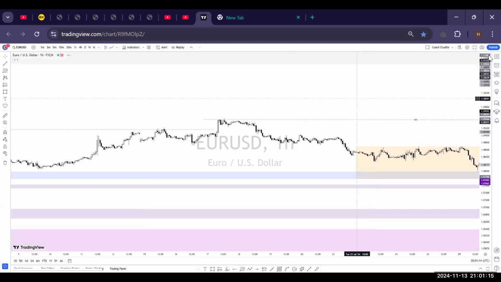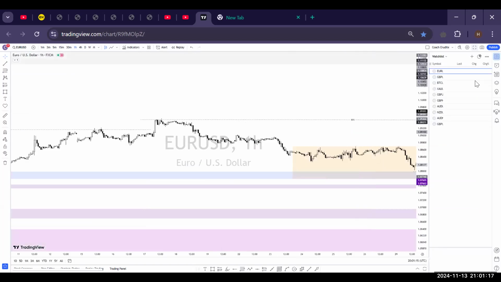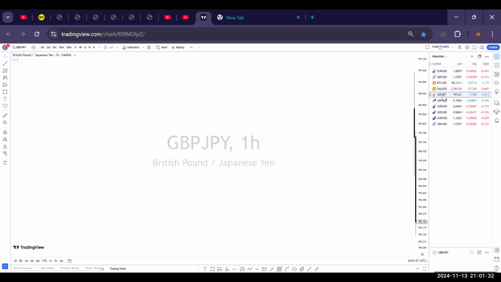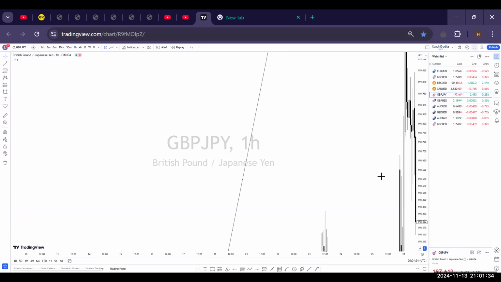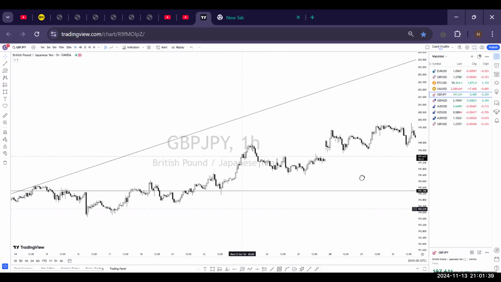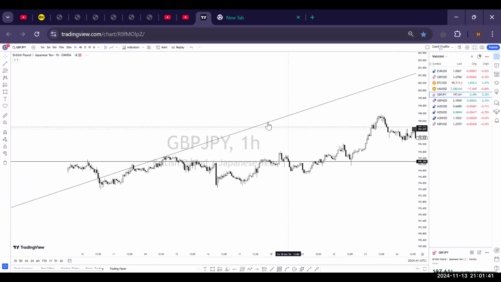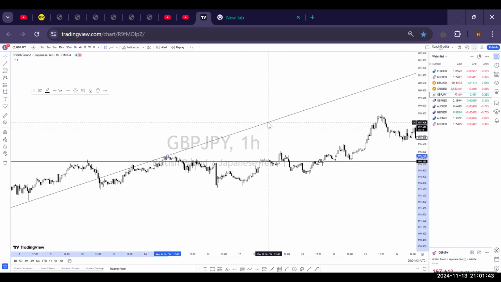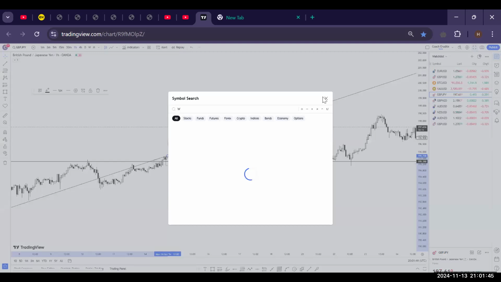So now let's go to a chart. Let me pick one of my charts so that we can identify this on the chart. Let me use GBP JPY. I'm going to be using the 1 hour time frame only.